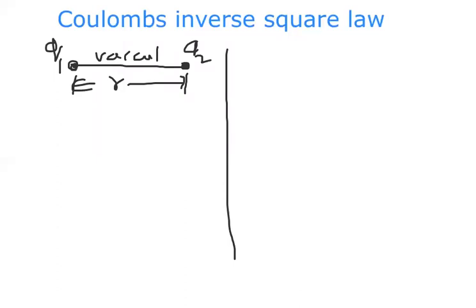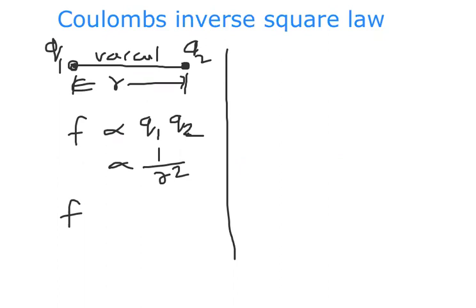This is in electrostatics. The electrostatic force between two charges is directly proportional to the product of the charges and inversely proportional to the square of the distance between the two charges. This is what we noticed in the chapter Electric Charges and Fields, where we discussed Coulomb's inverse square law between two charges.